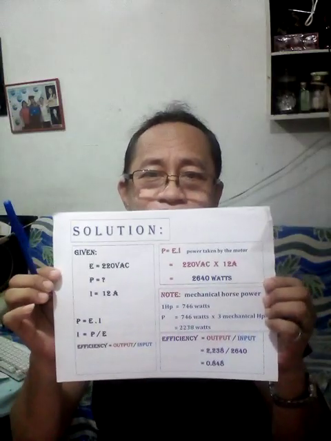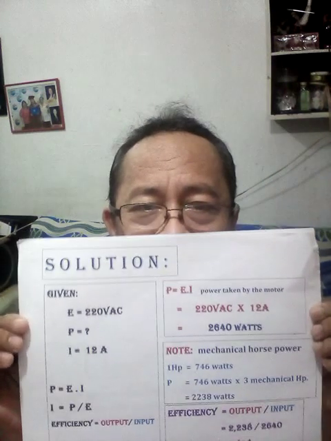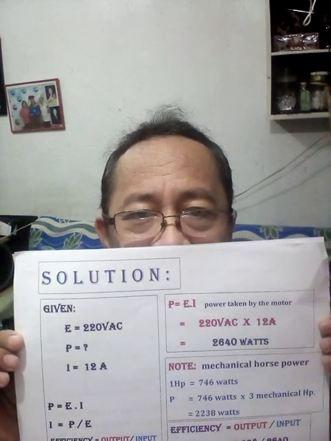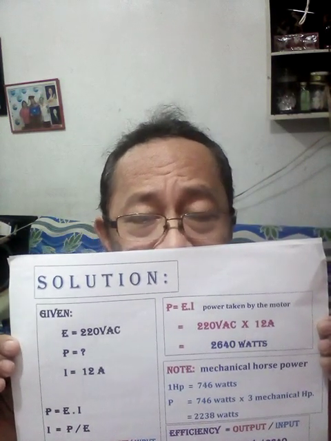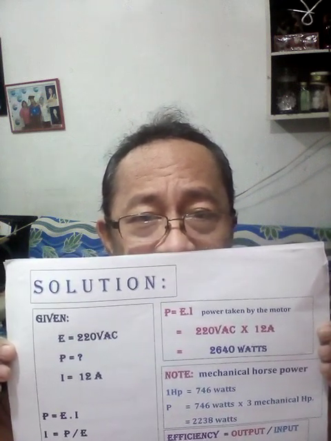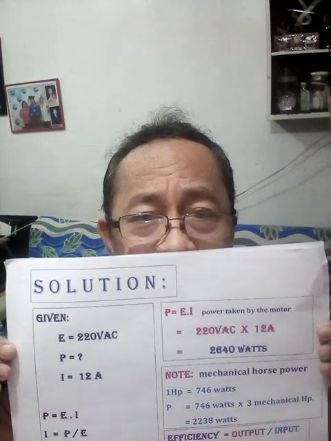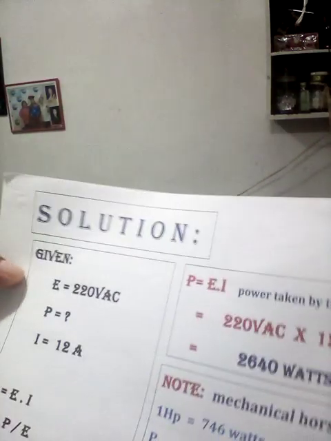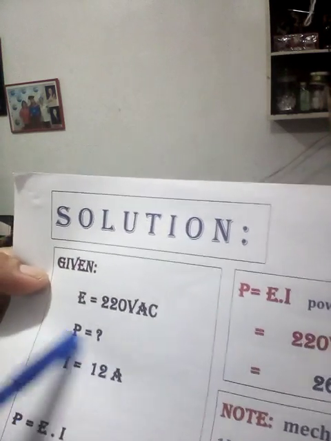So, ito na po yung solution natin. Yung formula po natin sa Ohm's law, yung power is equal to E times I, where E represents voltage and I represents current, given po siya. So, makukuha po natin ang power.